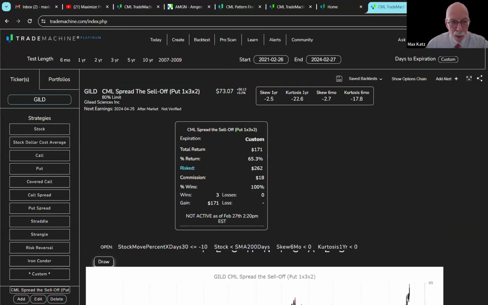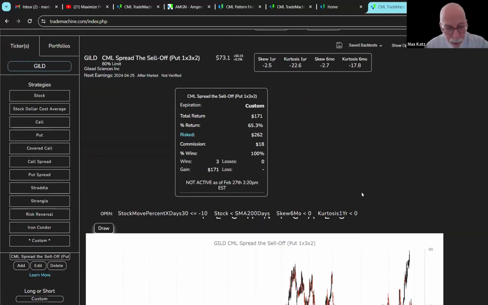And so we're looking at 80% of whatever was collected, of the credit collected for the entire trade. Let's say it was $1. When you can buy the 1x3x2 back for 20 cents, you've made 80% of the credit and can close that trade.